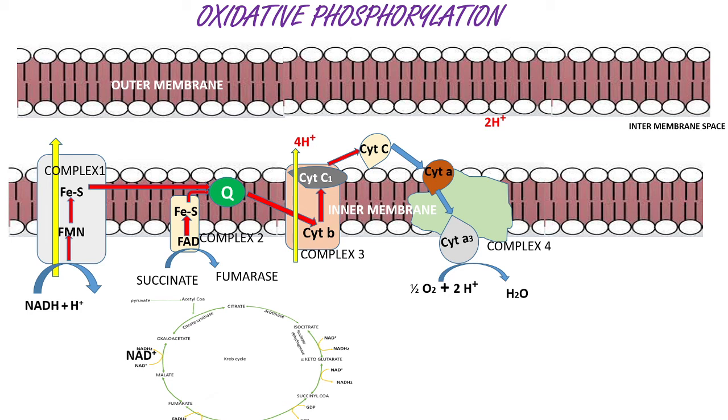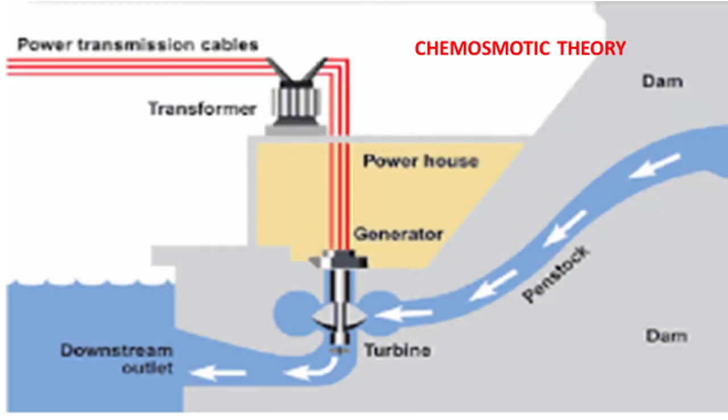So how is the electron transport chain connected with phosphorylation? Before studying this, let us take up the example of a hydropower project. The chemiosmotic theory is the best theory which describes the mechanism of phosphorylation.